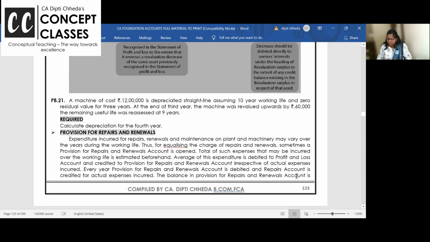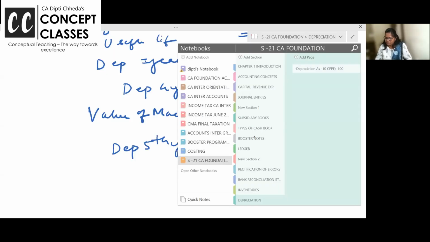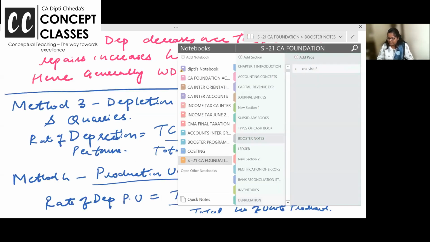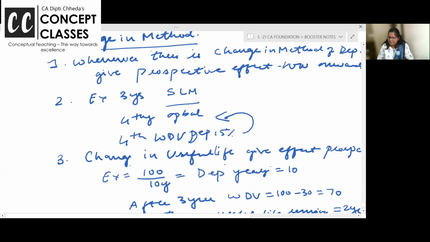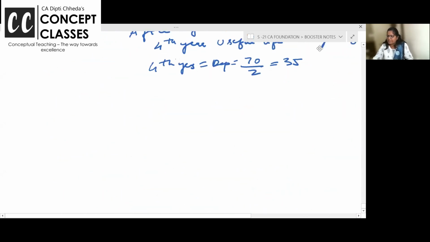But I want all of you to draw one nice flowchart in your booster notebook, not in the routine notebook where you solve problems, so that one day before the exam also if you check it will be clear. Draw it here with an example, I'll make it very clear for you all.